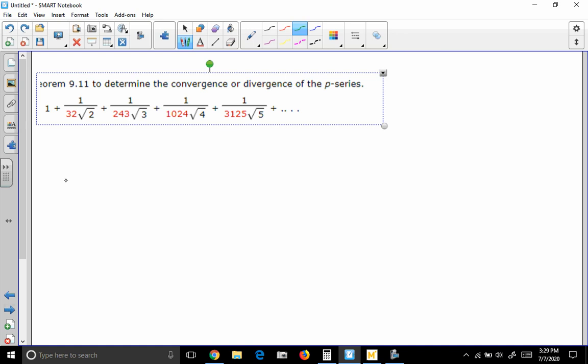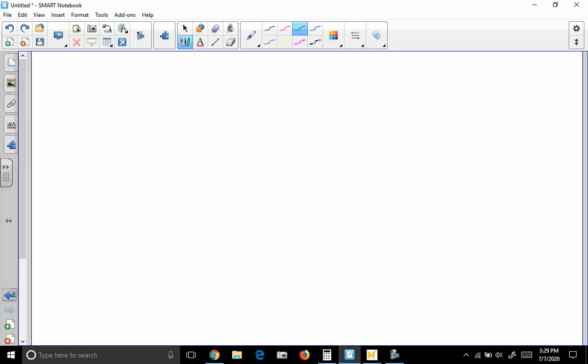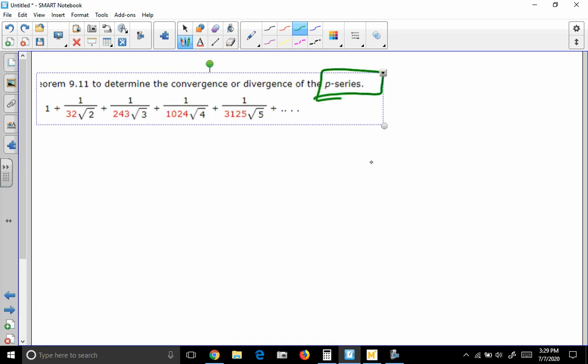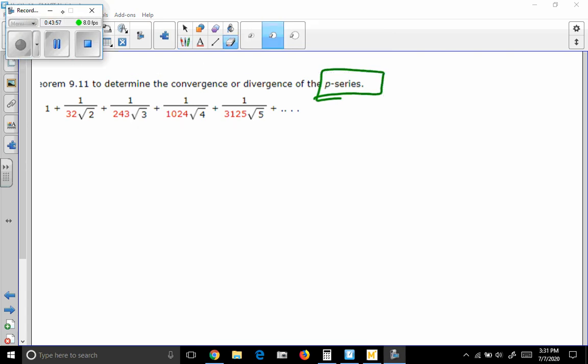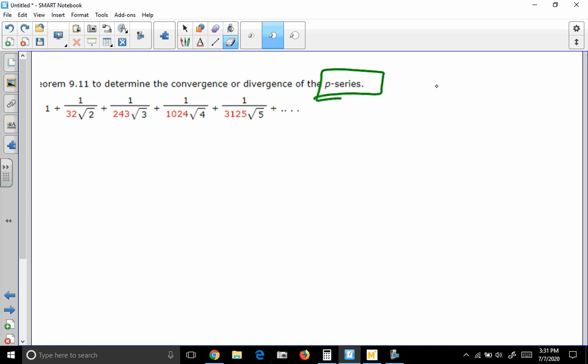Now, the last type of series that we have in this section is what's known as a p-series. So p-series, or special series, are series that can be written in the form 1 over n to the p.